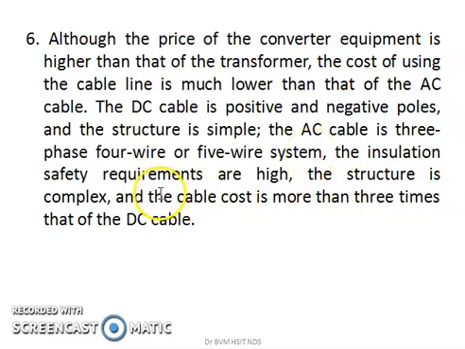The insulation safety requirements are high. In case of AC, the structure is complex, and the cable cost is at least 3 times more than that of your DC cable. Okay, that is the difference between AC cable and DC cable. So these are some 6 differences between AC cable and DC cable.